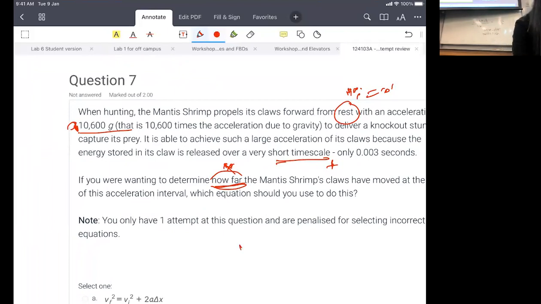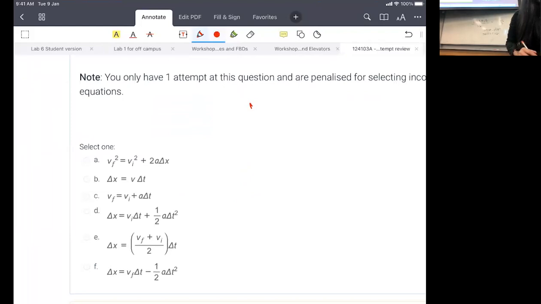So we're given VI, it's from rest. And we know time, we know acceleration. What's not given is VF. We're not given the final velocity. So any equation that contains the final velocity cannot be used, because the problem doesn't say anything about it.